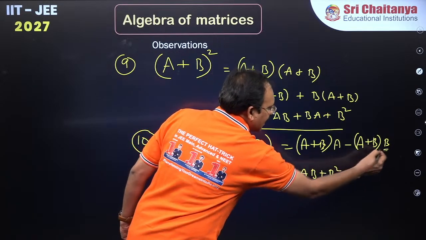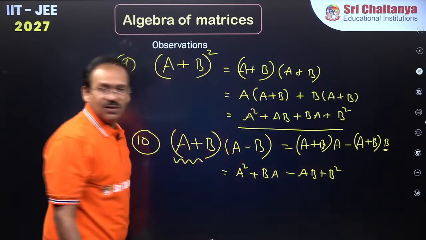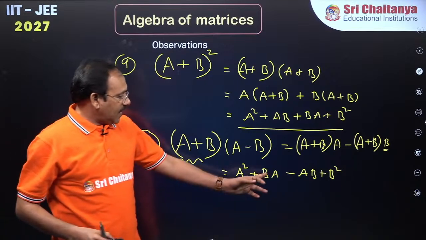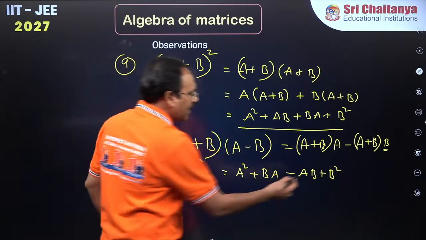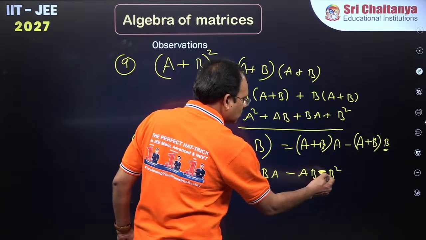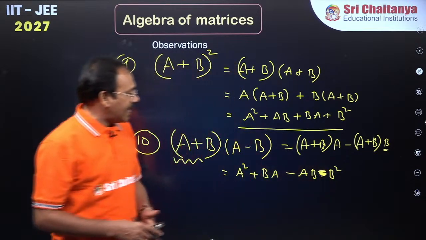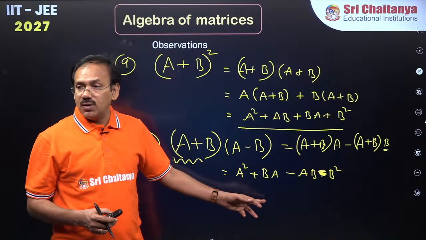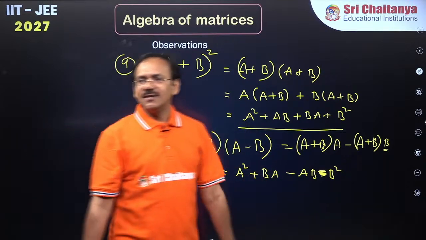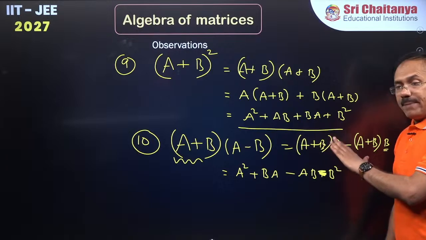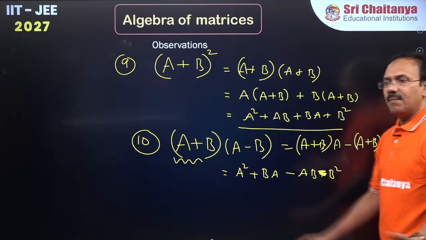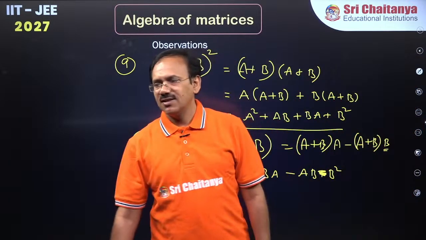If it is right side, you have to maintain right side only. In numbers, AB and BA are same, so we can cancel, and it becomes A square minus B square. Whereas in matrices, these two need not be same. So (A plus B) into (A minus B) will become A square plus BA minus AB minus B square. That's it.